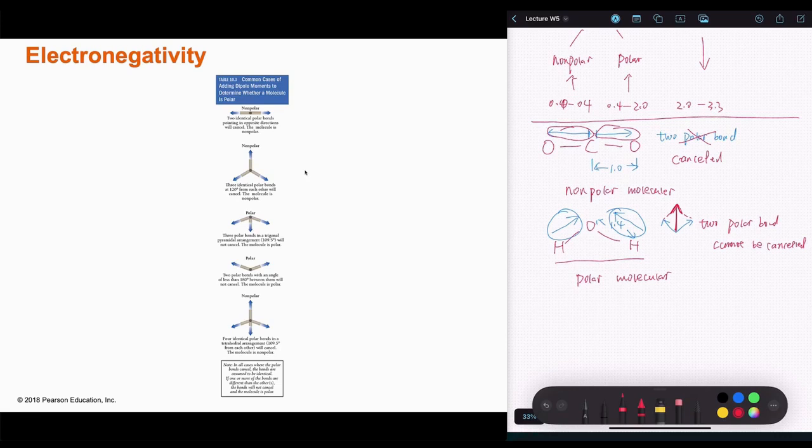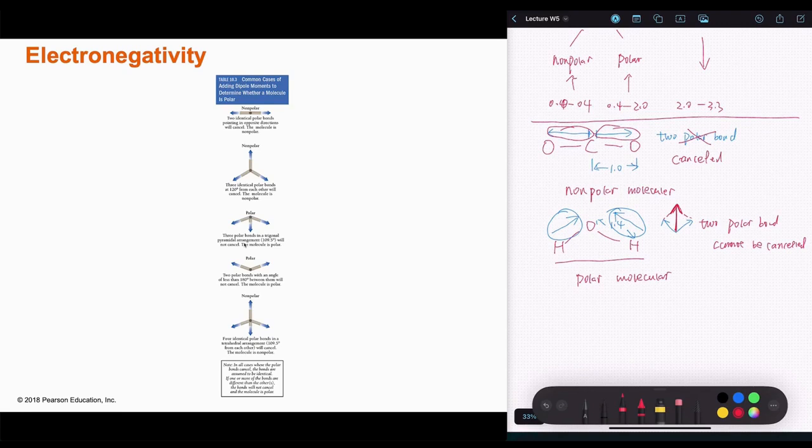Okay, so this is a common way to find out whether a molecule is a polar molecule or non-polar molecule. First, if we have two identical polar bonds pointing in opposite directions, they will cancel, so the molecule will be a non-polar molecule. And also, if three identical polar bonds are at 120 degrees, their dipole moments will also be cancelled.